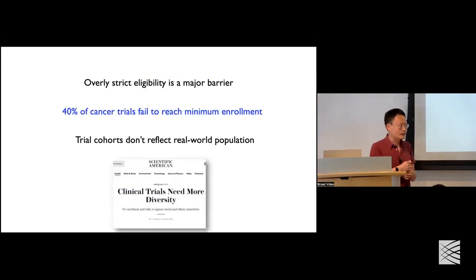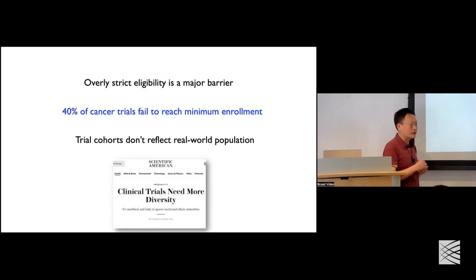And that has several really significant consequences, right? The first is that a lot of patients are not eligible to enroll in these trials, so they can't access these treatments. It also makes it very difficult for the drug developers. Something like 40% of cancer trials have a hard time enrolling enough patients.